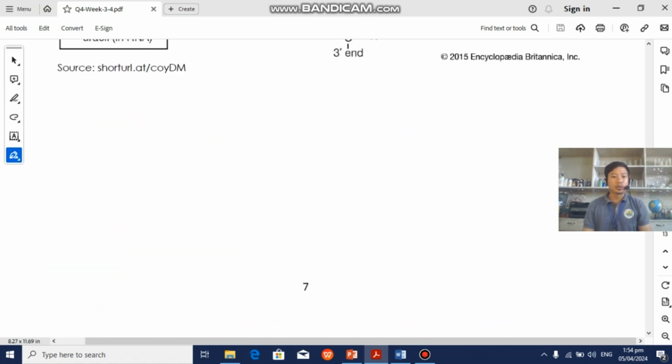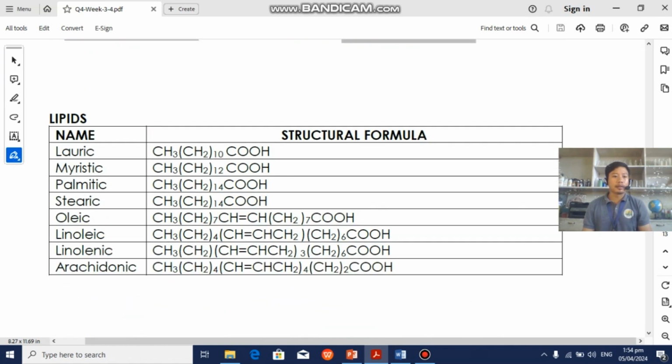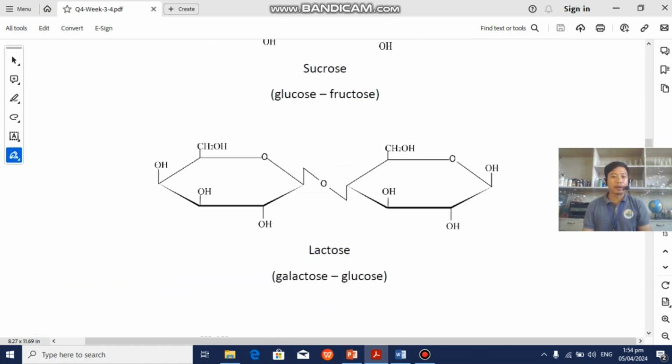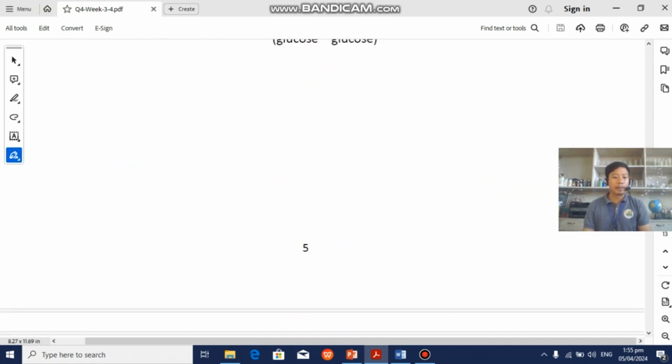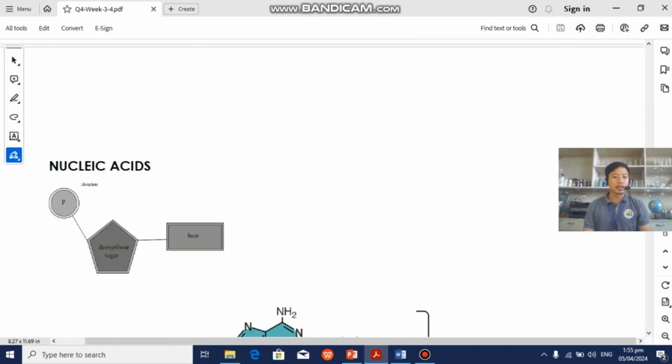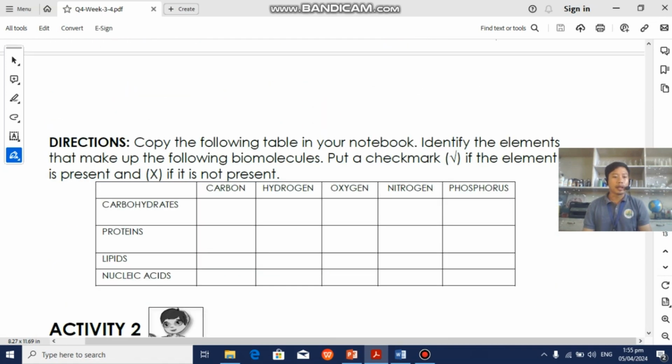Copy activity 1 first, then copy and answer questions number 1 and 2, then proceed to the table below. That is your activity number 1, to be passed on April 11, 2024.